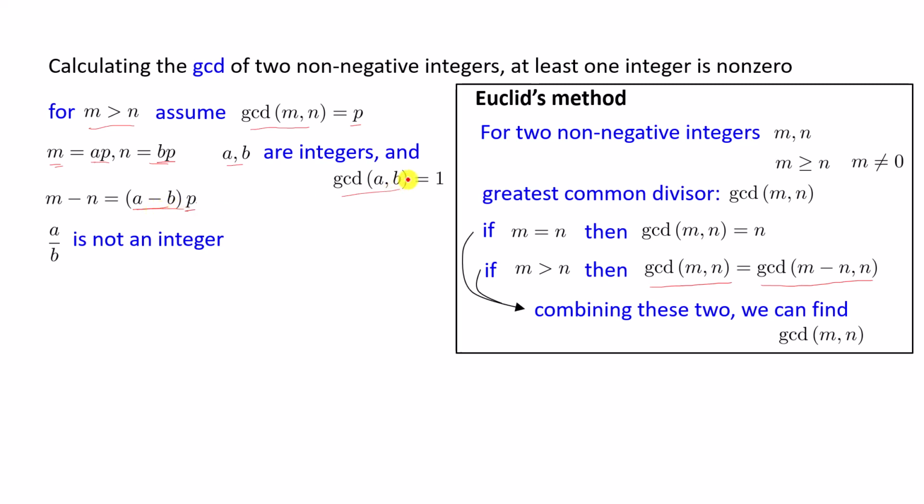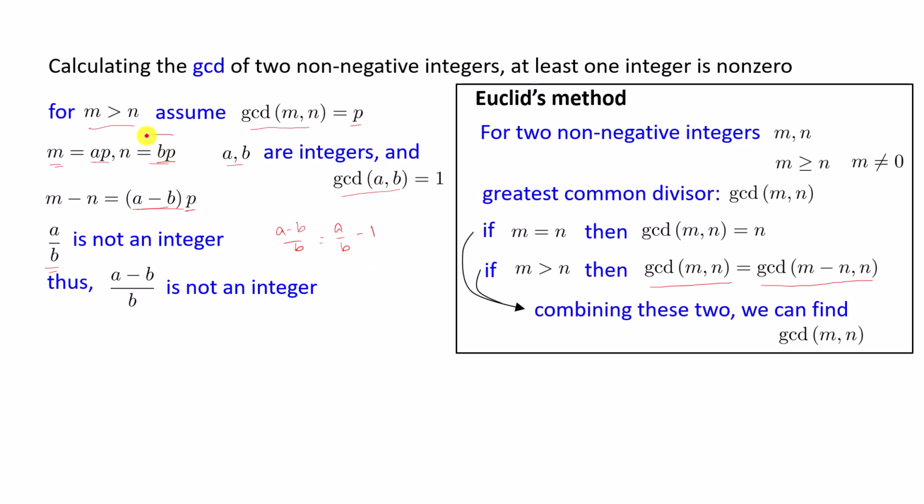The integer at max could be 1, but otherwise it cannot happen. A by B is certainly not an integer. It has to be some rational number. Thus (A minus B) by B is not an integer because A by B is not an integer. (A minus B) by B is A by B minus 1. That also cannot be an integer.